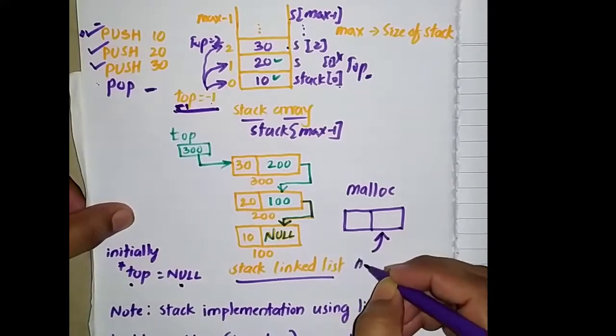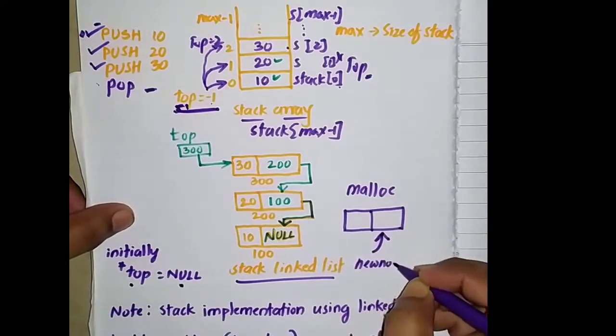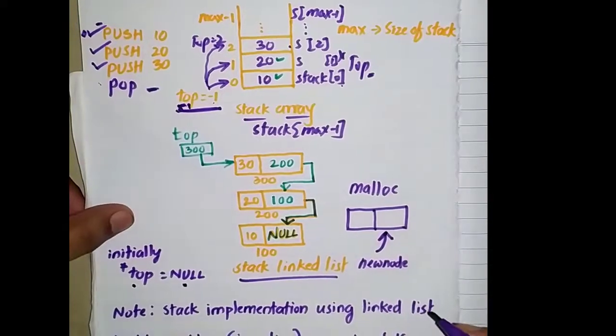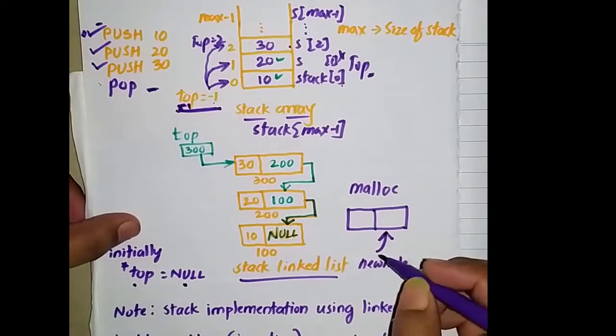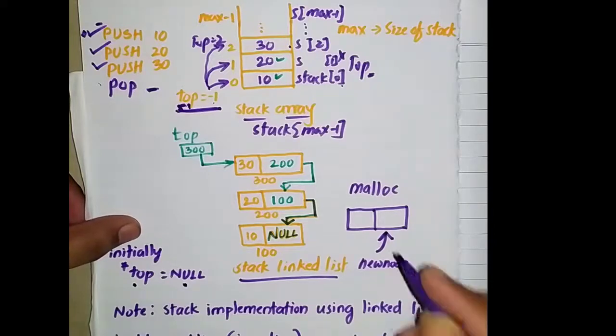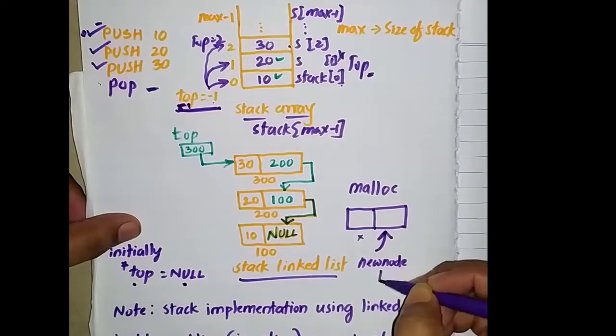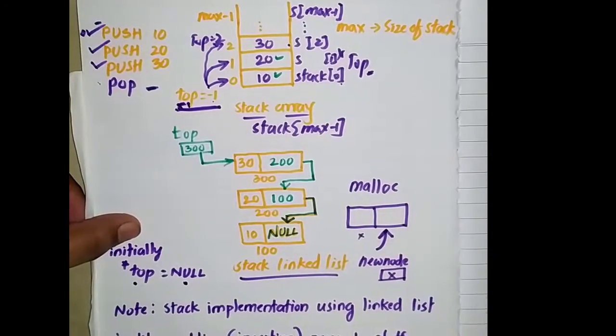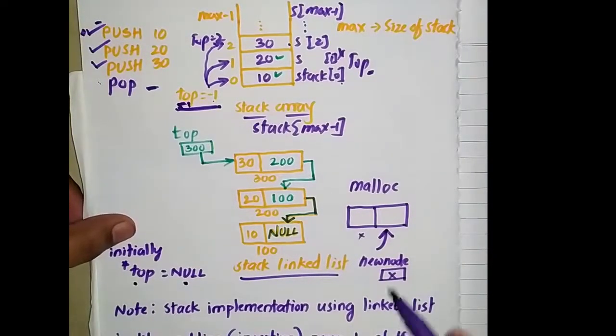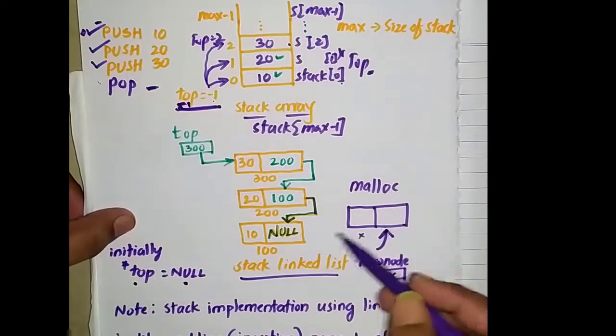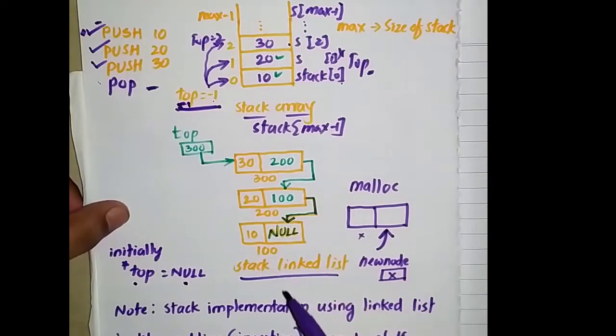That pointer we used to call the new node pointer. This discussion we have already carried out in the implementation of linked list. So consider this address, whatever it is, that will be taken and stored here in the new node.